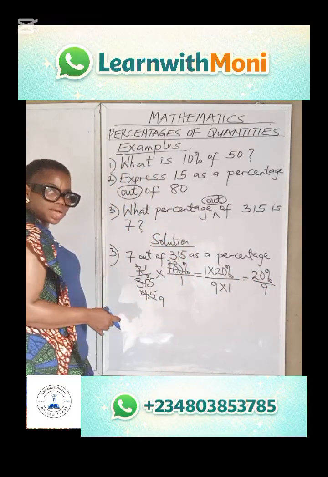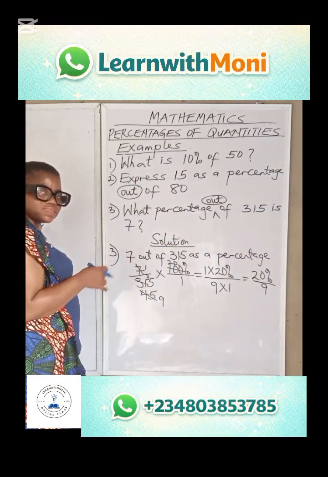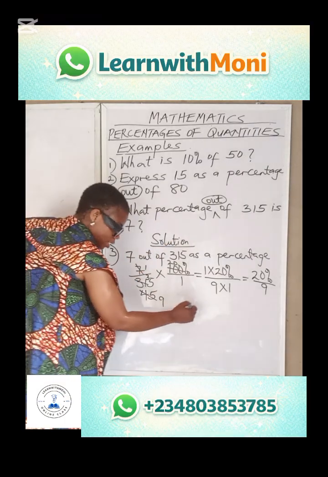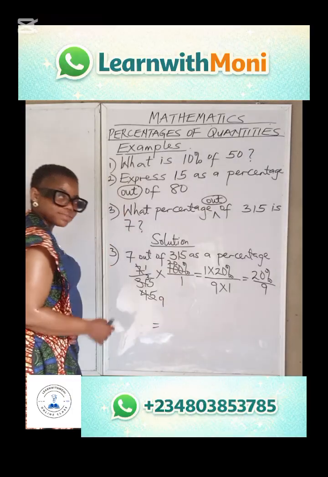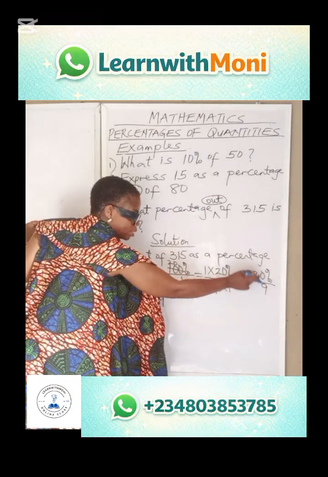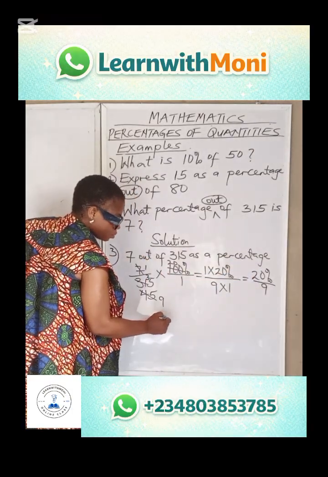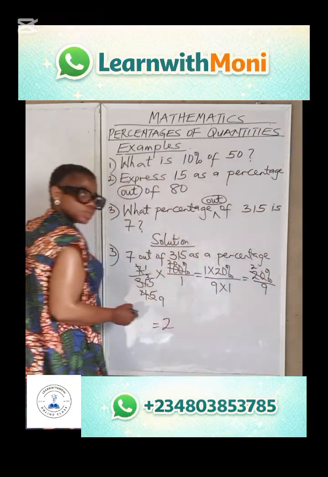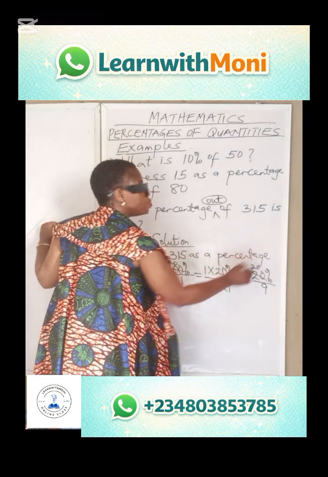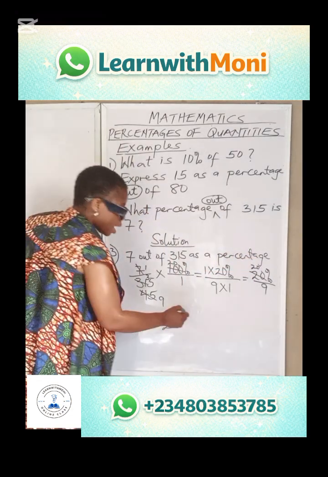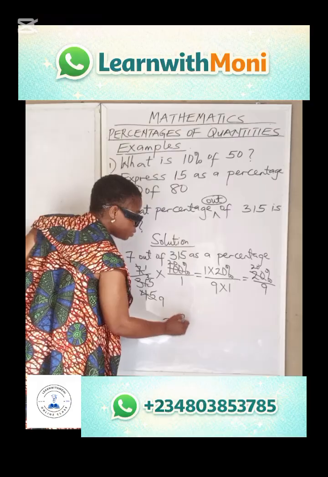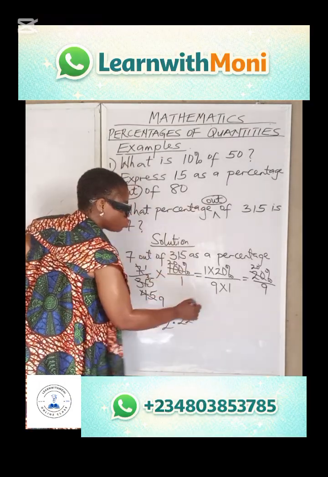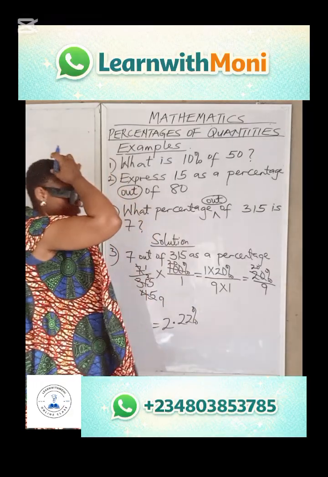Your answer is acceptable that way, but if it is a multiple choice question and you can't find your answer that way, then you can take it further to represent your answer as a mixed number. How many 9 do I have in 20? I have 2, which is 18, and it will remain 2. Put an invisible 0 behind that 2, it is becoming 20 again, and that will still be 2. I'll keep on having 2, 2, 2, and I can just end it at 2 decimal places.